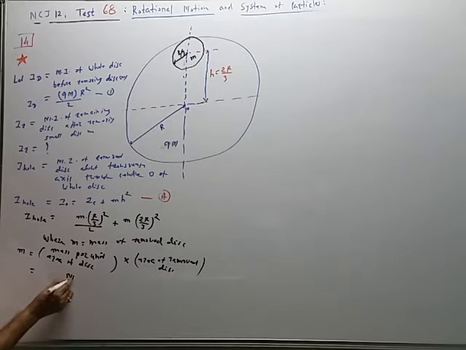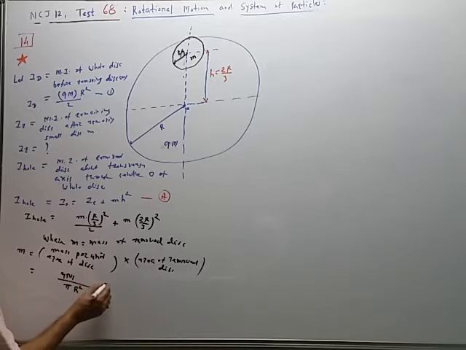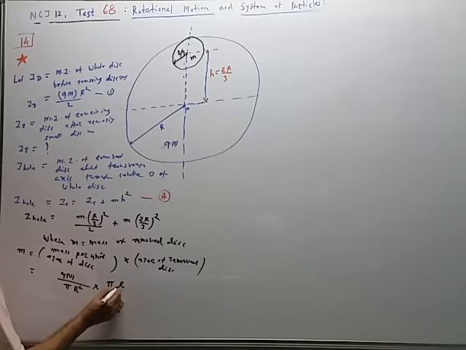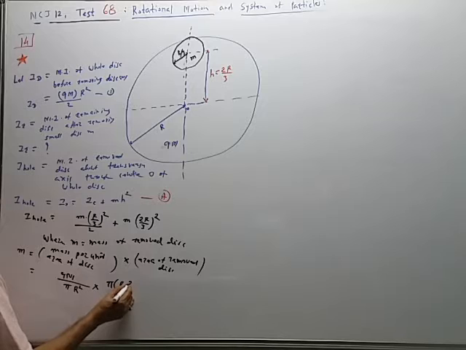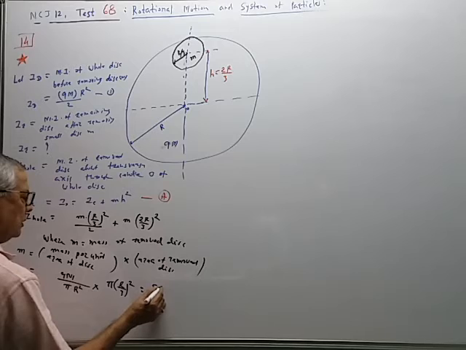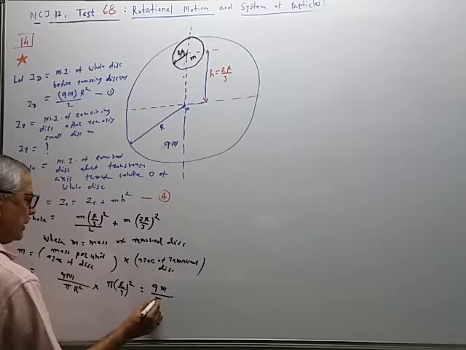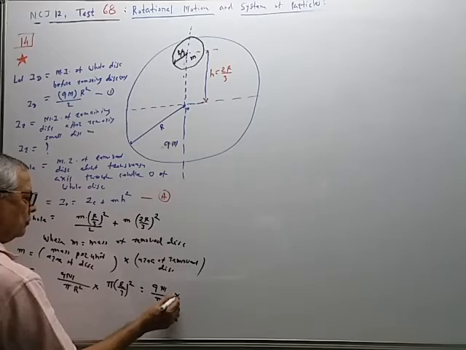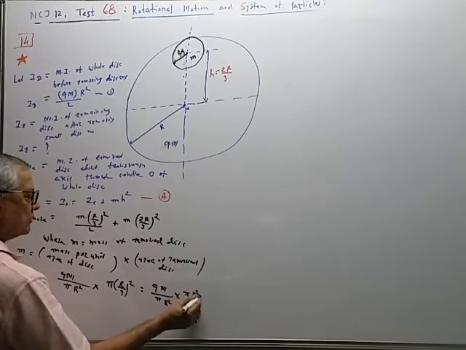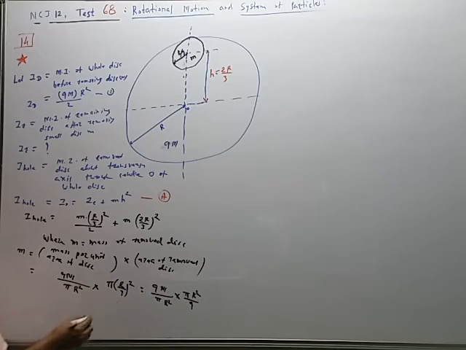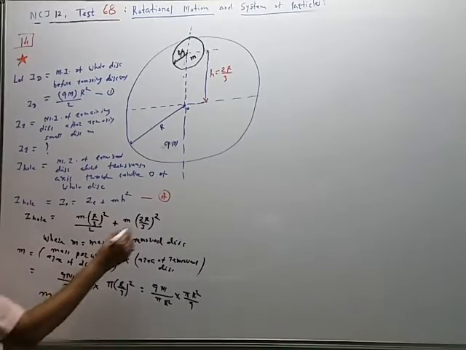So mass per unit area is equal to 9M upon pi R square, multiplied by pi (R by 3) whole square. So this is equal to 9M upon pi R square multiplied by pi R square by 9. Pi cancels, R square cancels. So m is equal to capital M. This is equation 2.